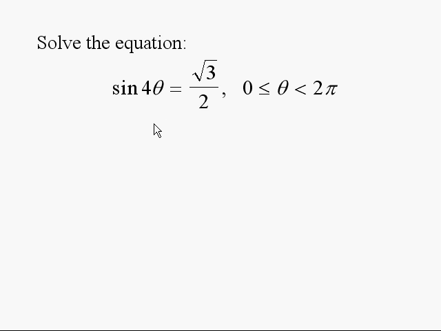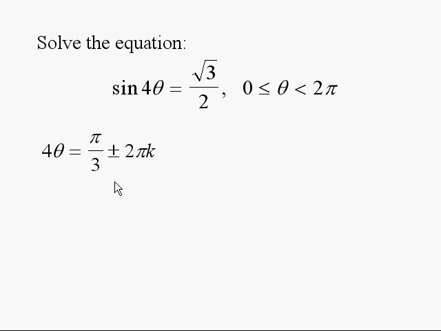So, sine 4 theta is root 3 over 2. That means that we could take 4 theta as an angle whose sine is root 3 over 2. Well, root 3 over 2 for the sine goes with a 60-degree angle. That's pi over 3. So pi over 3 with a multiple of 2 pi added to it would be an angle that's coterminal with pi over 3.